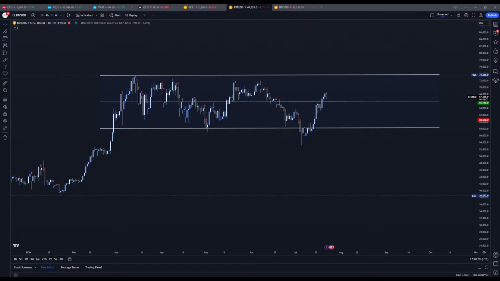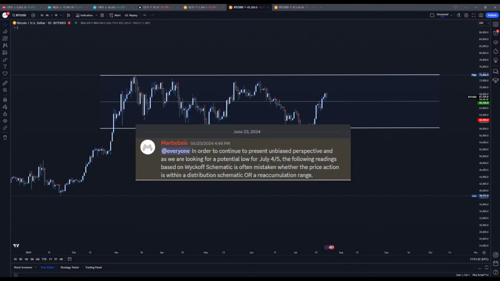But I would like to portray the levels I am personally tracking and why I consider that it can be indeed the case, until, of course, violating the previous structure support that was regained, right? Recaptured, reachieved at the 53,000 for the cycle low that we were monitoring for July 4th and the 5th, right?